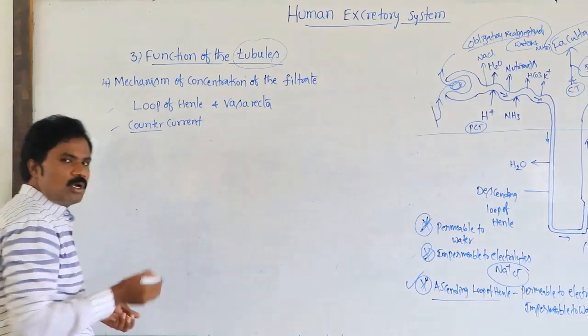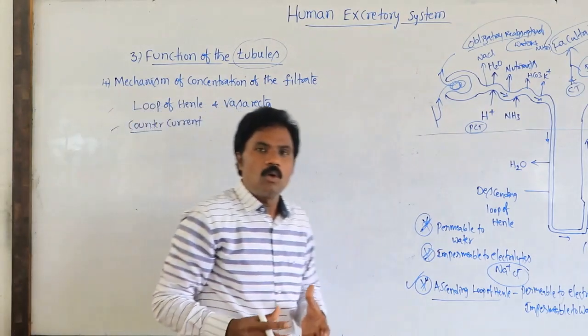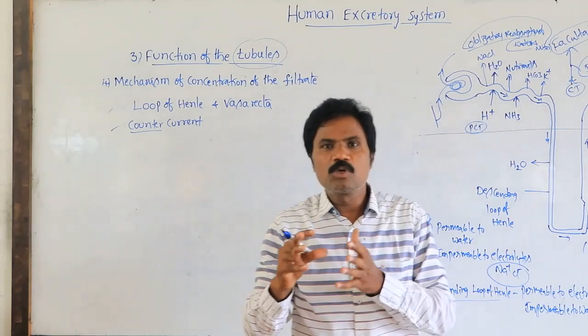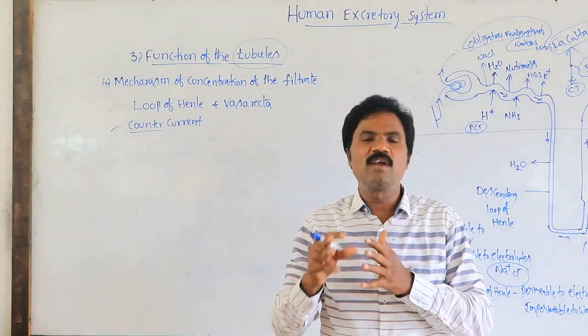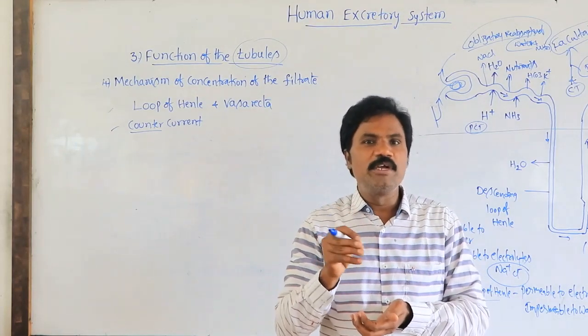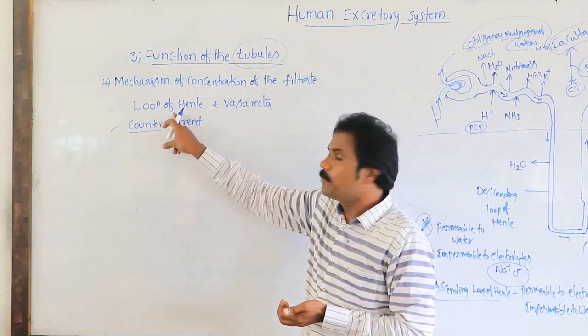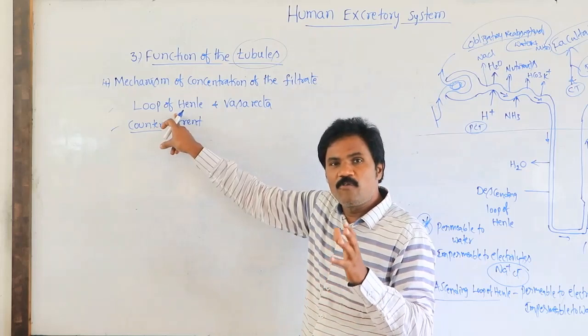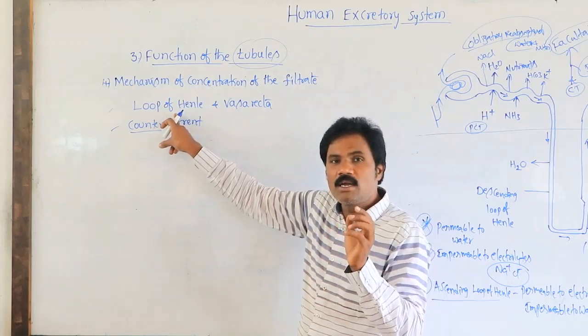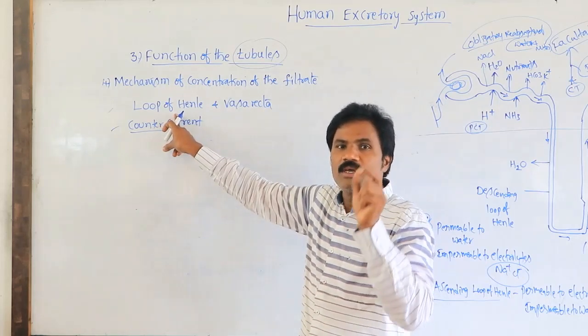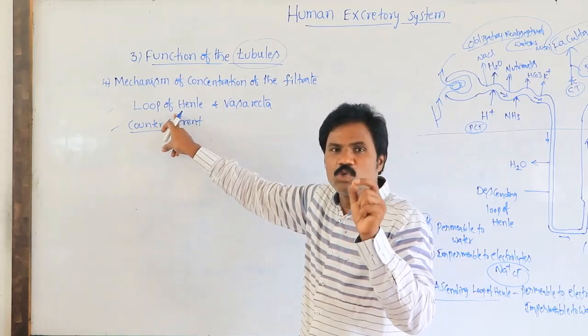What does counter mean? Counter means opposite. What does current mean? The flow of fluids, blood flow as well as filtrate flow, moving oppositely. In the loop of Henle, the fluid moving is the filtrate, that means urine.